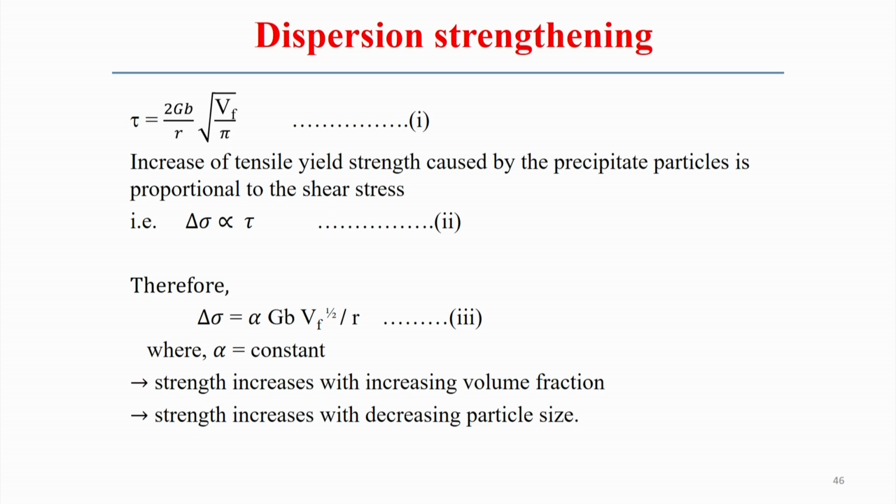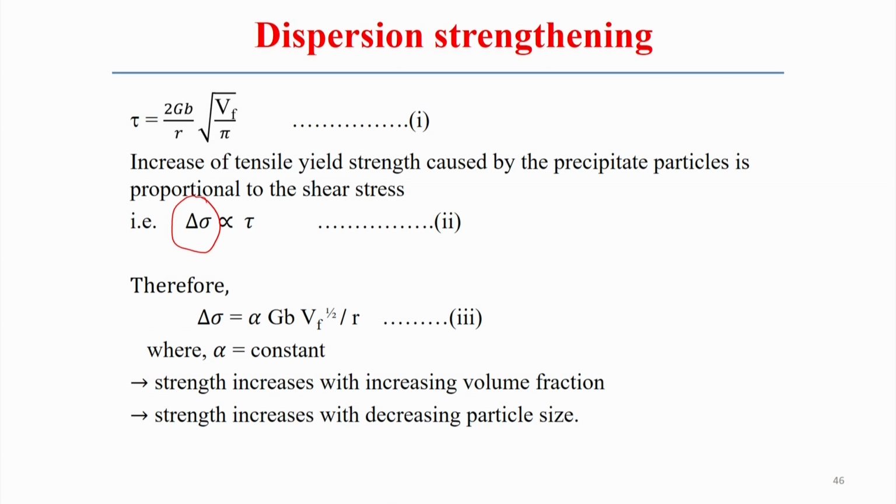So here, in equation 1, the increase of the tensile yield strength caused by the precipitated particles is proportional to the shear stress value. That means the increment of the yield strength is proportional to the shear stress value.